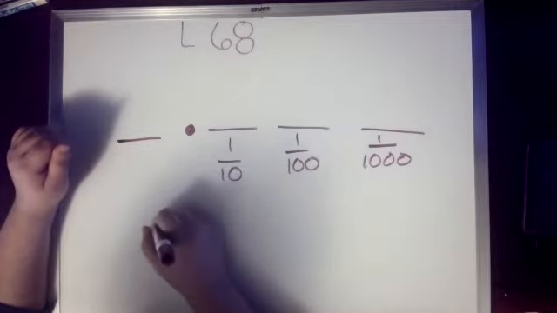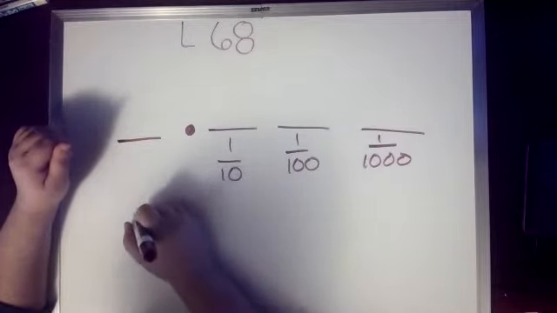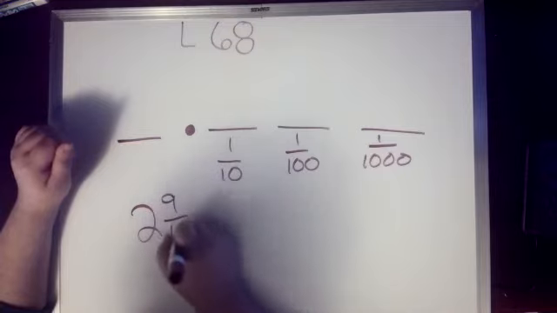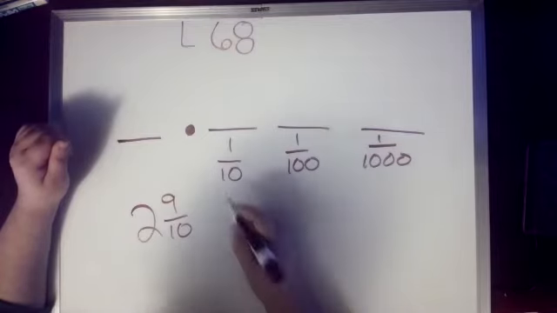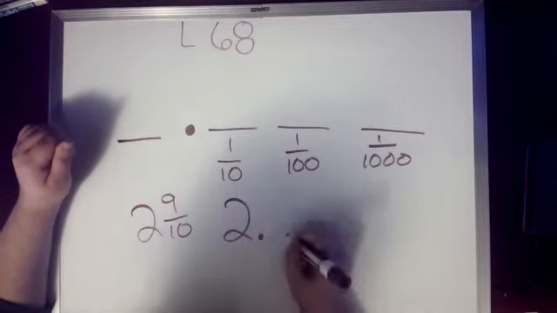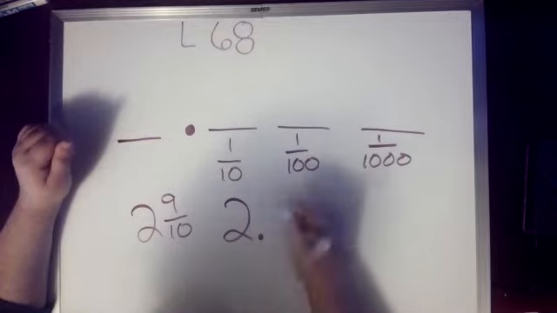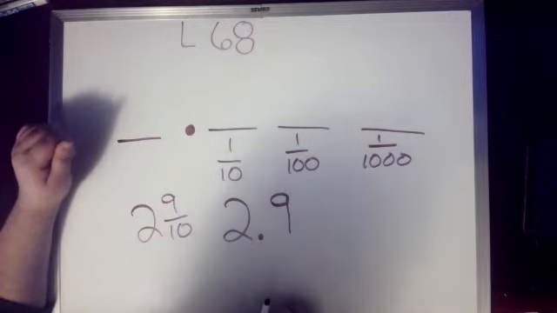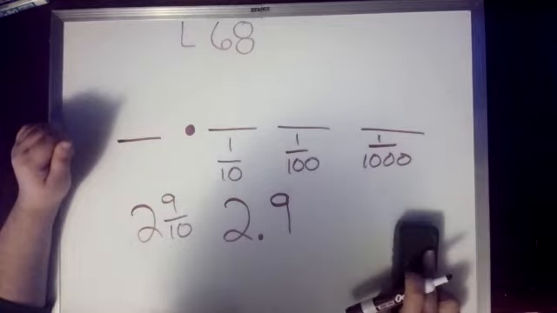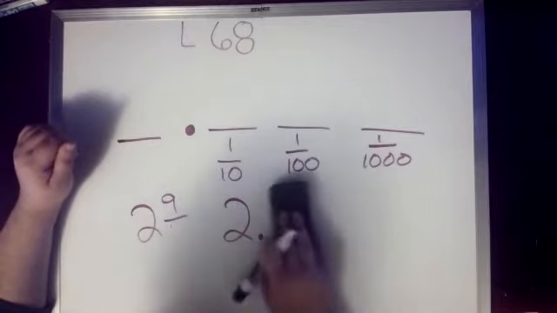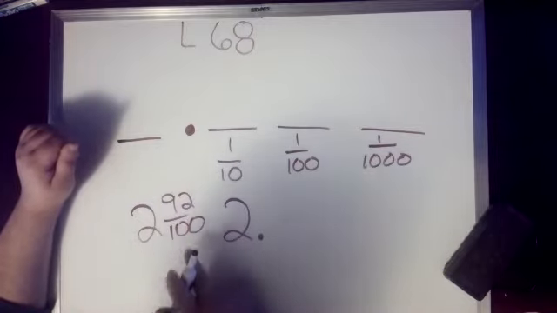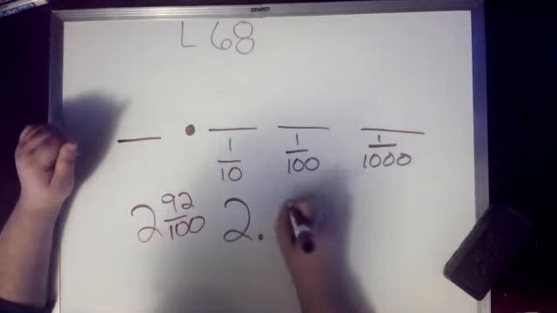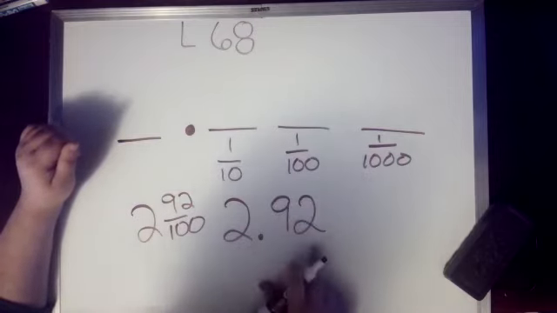Now, same thing for decimals. If you gave me the number, let's say 2 and 9 tenths, and I said, write that as a decimal, then you need to write it as a decimal. So 2 and 9 tenths. If you had 2 and 92 hundredths, you'd have 2 and 92 hundredths because it finishes in the hundredths column.